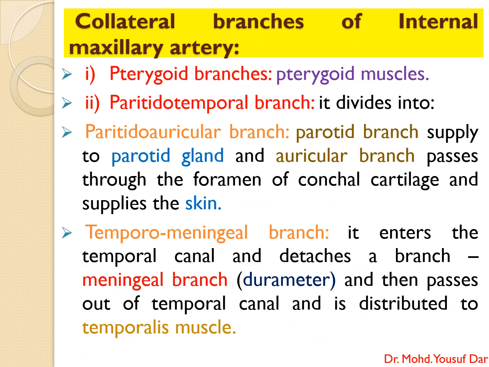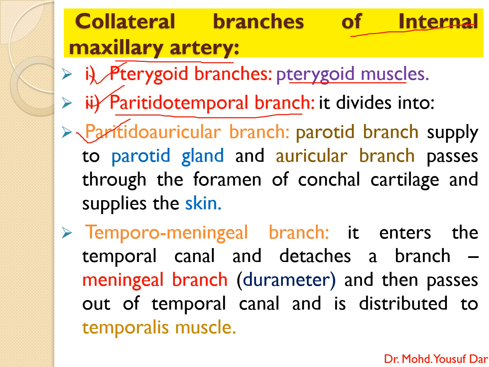Now coming to the different collateral branches of the internal maxillary artery, first come the pterygoid branches. The pterygoid branches supply the pterygoid muscles. Second comes the parotidotemporal branch. The parotidotemporal branch divides into the parotidoauricular.